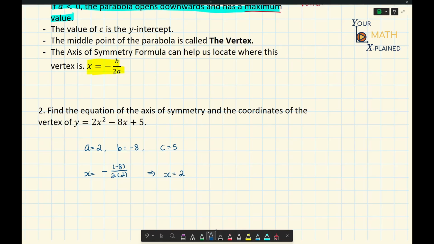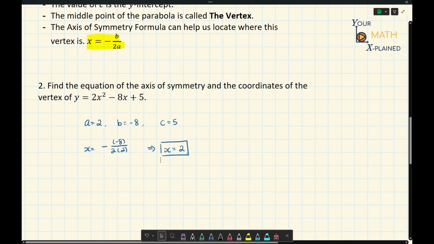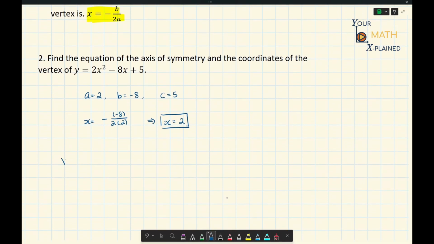And remember, the axis of symmetry is always an equation, so you have to give it in the form of x is equal to something. So make sure you write down x is equal to 2 instead of just 2. Now that we know the axis of symmetry, we can go ahead and find the coordinates of the vertex, because the vertex always occurs on the axis of symmetry. So that means we know for our vertex, we're going to have an x value of 2.